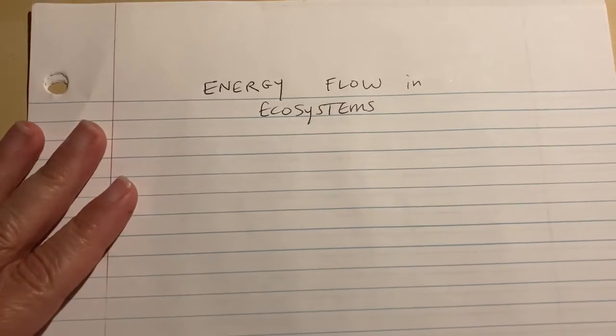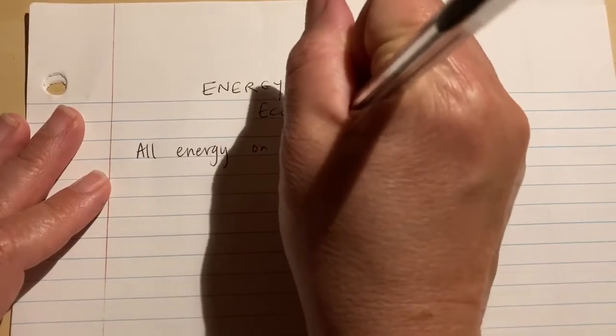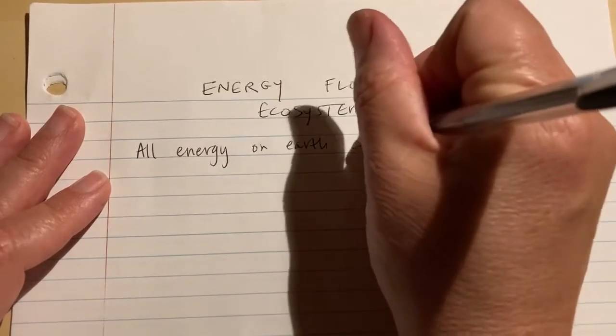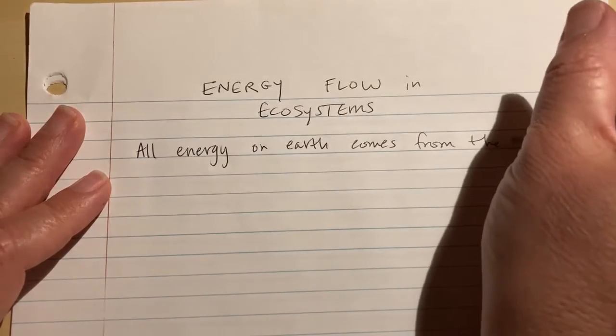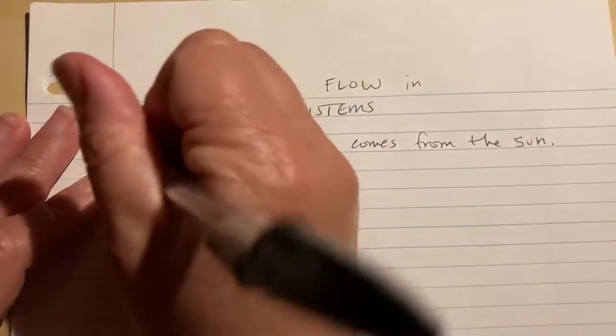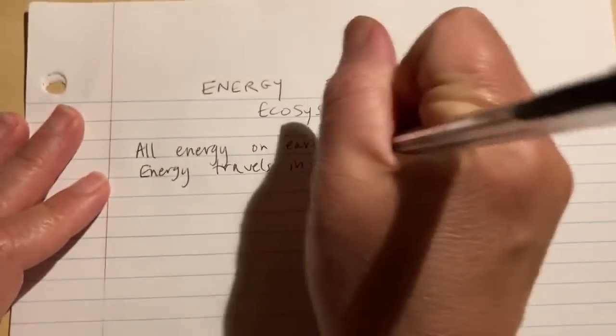So first major big thing, of course, is that all energy comes from the sun. All energy on Earth comes from the sun. Okay. Energy travels in one direction.